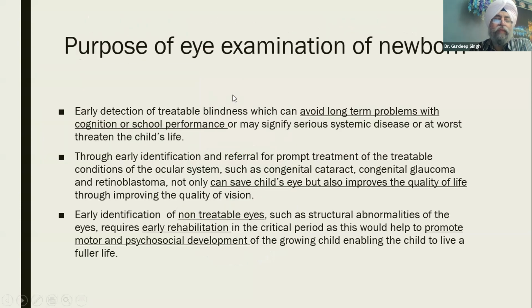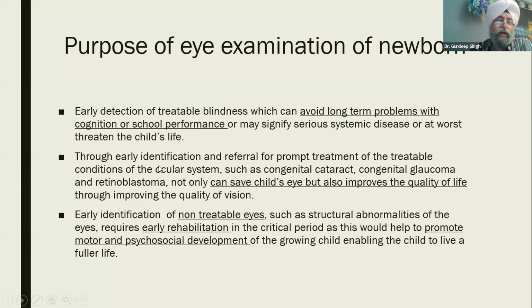As I told, the purpose is to avoid any long-term complications of issues related to the newborn, which can lead to cognition or school performance problems later in life. Through this kind of program we can save the child's eye, and it not only saves the child's eye but also improves the quality of life in the coming years.